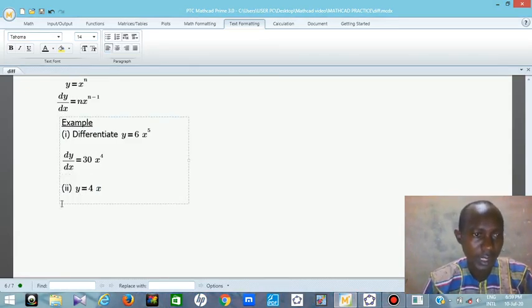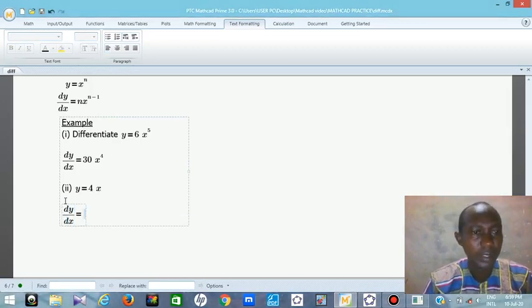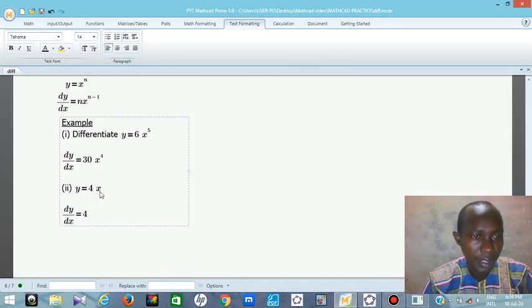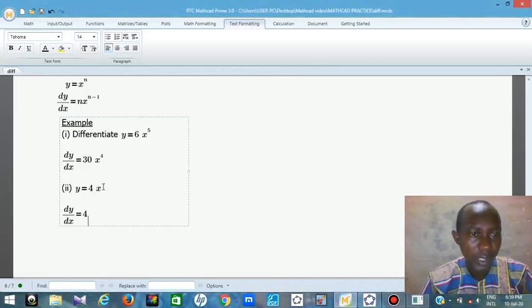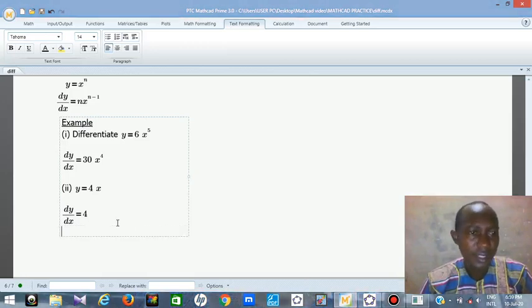So dy/dx is going to be equal to 4. That is the answer, because the power is 1, so 1 times 4 is 4. Then 1 minus 1 is 0, so x raised to power 0 is 1. You remember your indices, any number raised to power 0 is 1. So take note of that.